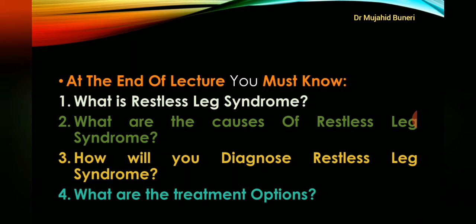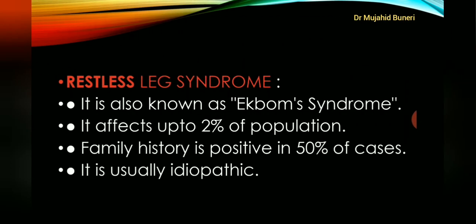What is restless leg syndrome? It is clear from the name that it is a syndrome in which there will be a combination of signs and symptoms, which I will tell you in the next slides. It is also known as Ekbom syndrome.